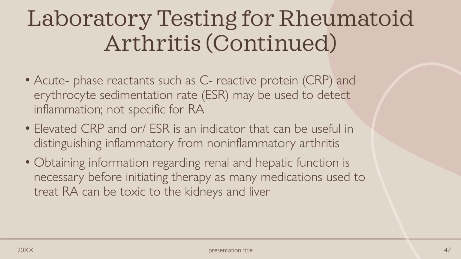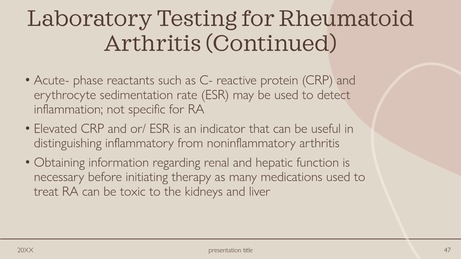Acute phase reactants, such as C-reactive protein, CRP, and erythrocyte sedimentation rate, the ESR, may be used to detect inflammation, but it is not specific for RA. It just means that there is an inflammatory process going on in the body somewhere.